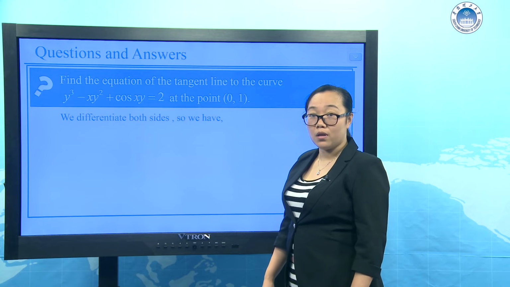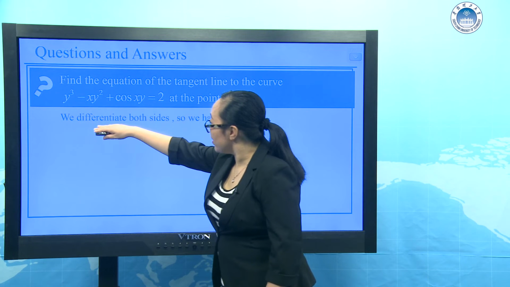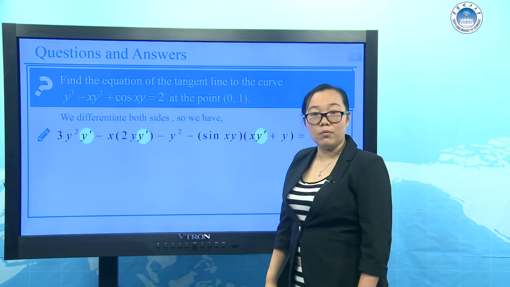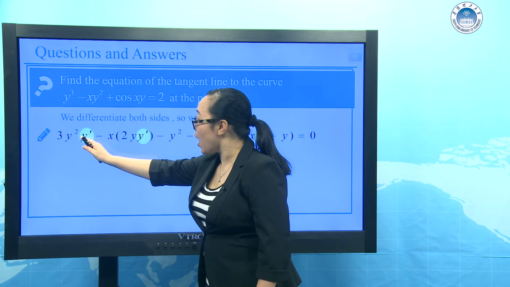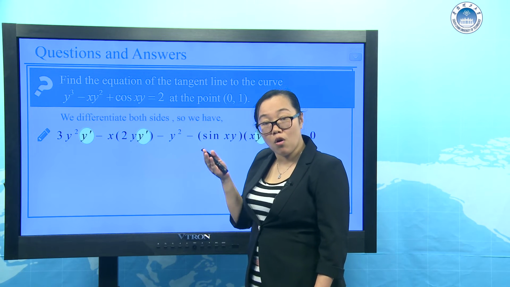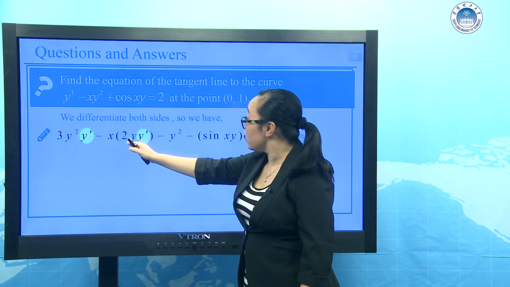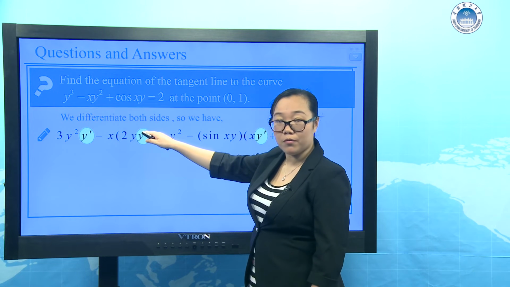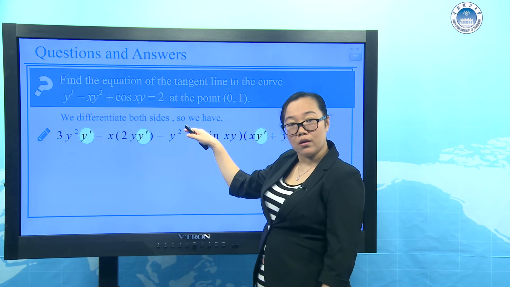So, using implicit differentiation, we differentiate both sides. We can get the derivative of y cubed equals 3y squared times y prime, because the function of y is a composite function of x, minus the derivative of xy squared, where x doesn't change, y squared gives double y times y prime, minus x prime times y squared.